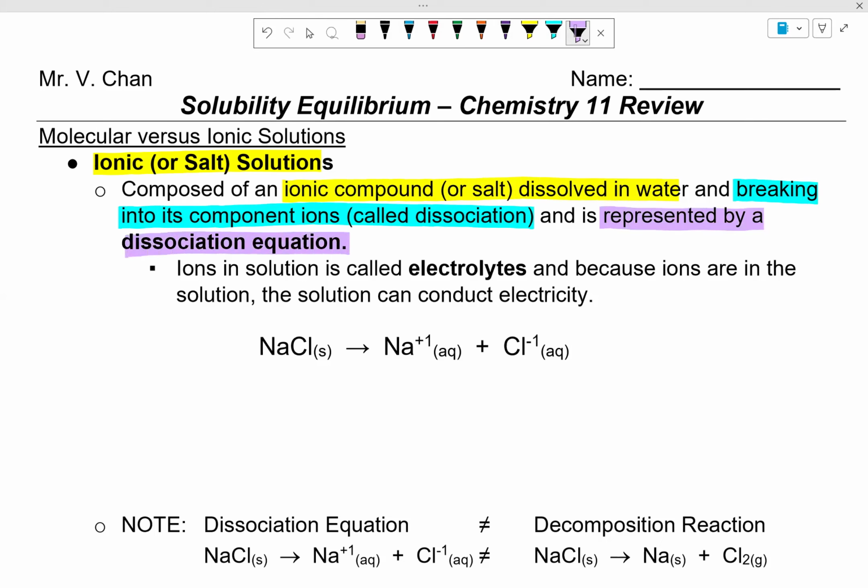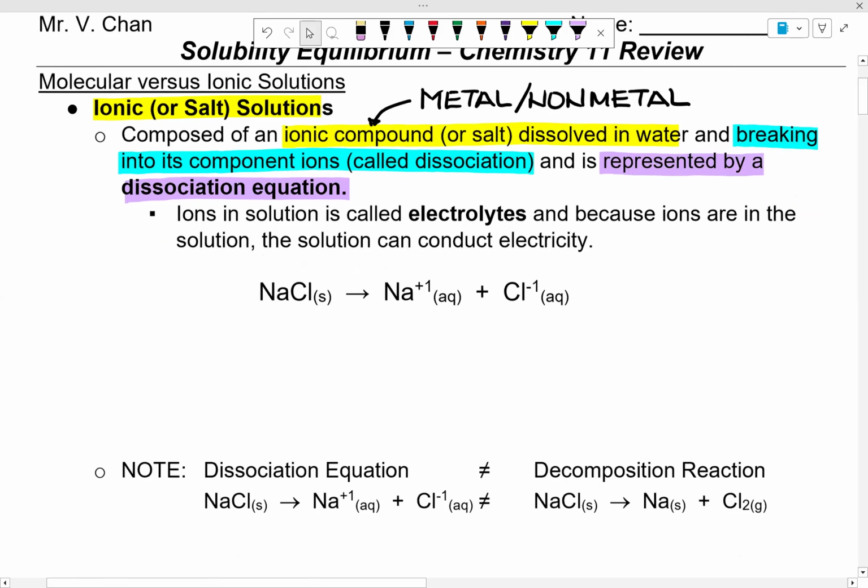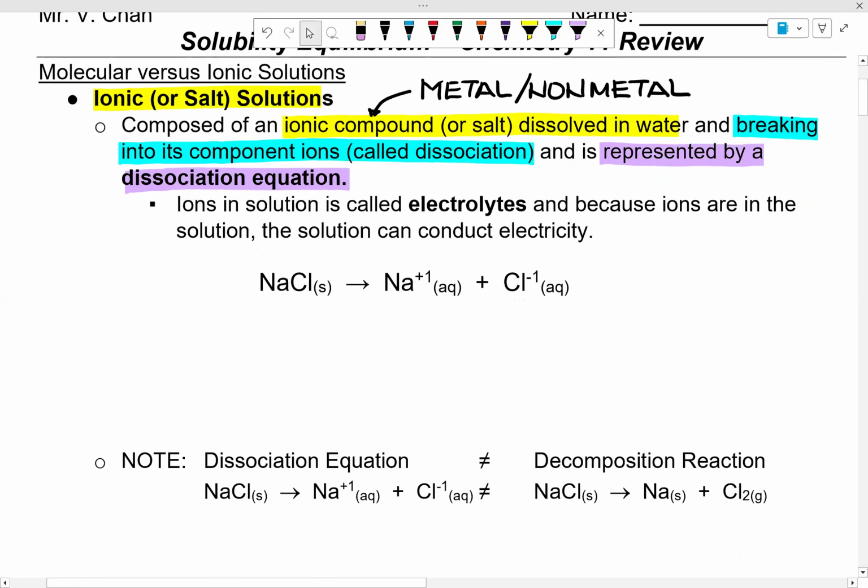So the first thing I wanted to touch upon is what is an ionic compound? Remember back from Chemistry 11, an ionic compound is basically a metal and non-metal molecule. So why do we call NaCl salt? Because sodium is a metal and chlorine is a non-metal. That's why we call it an ionic compound or a salt.